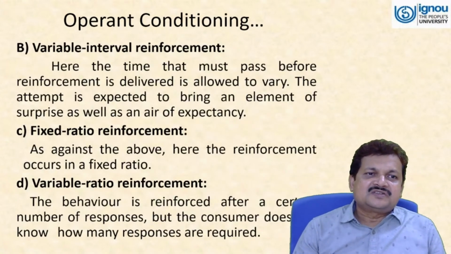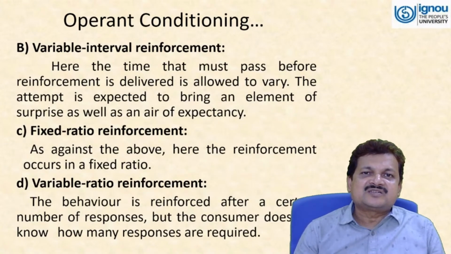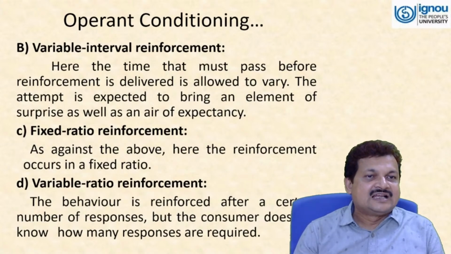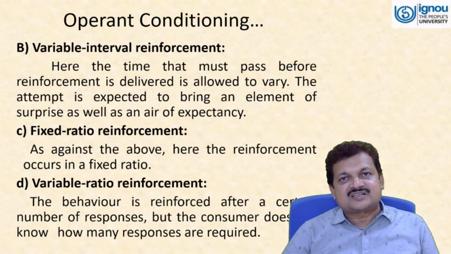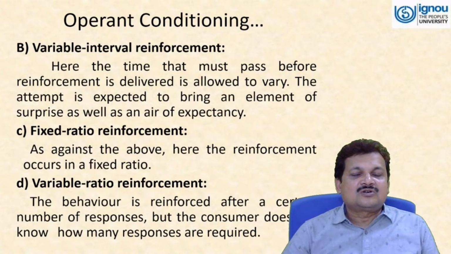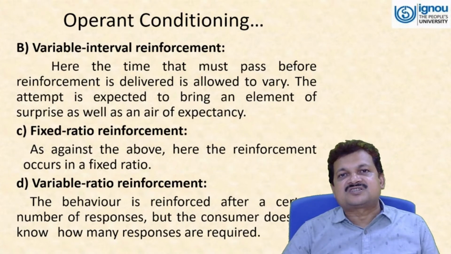Now, operant conditioning: what are the conditions we are going to find? Variable interval reinforcement. Here the time that must pass before reinforcement is delivered is allowed to vary. If a person is going to meet somebody for any kind of marketing or product transaction, you need to give some time to the customer before the next interaction.